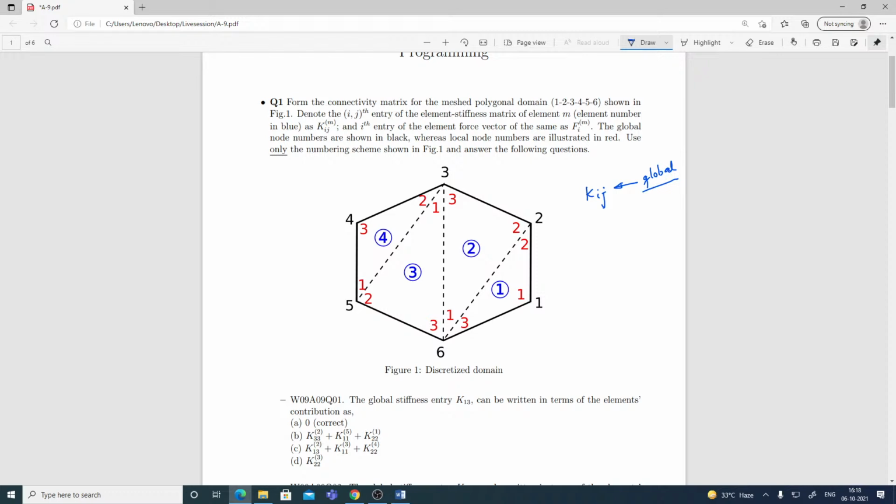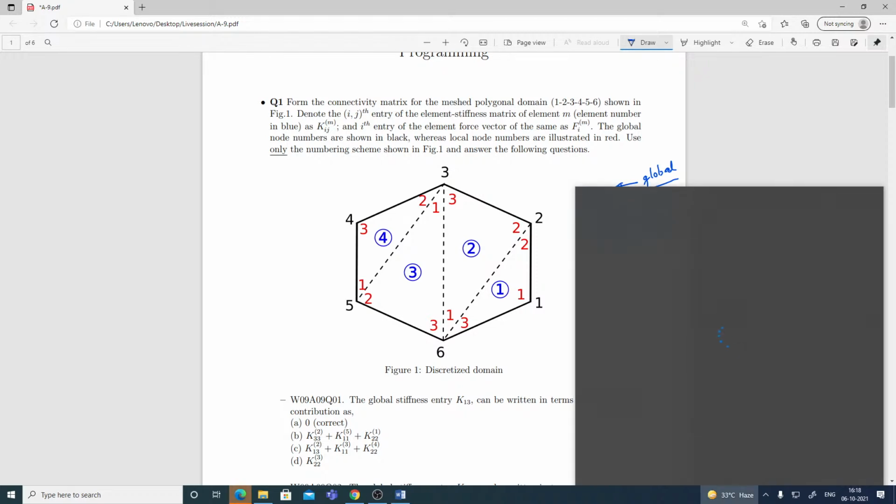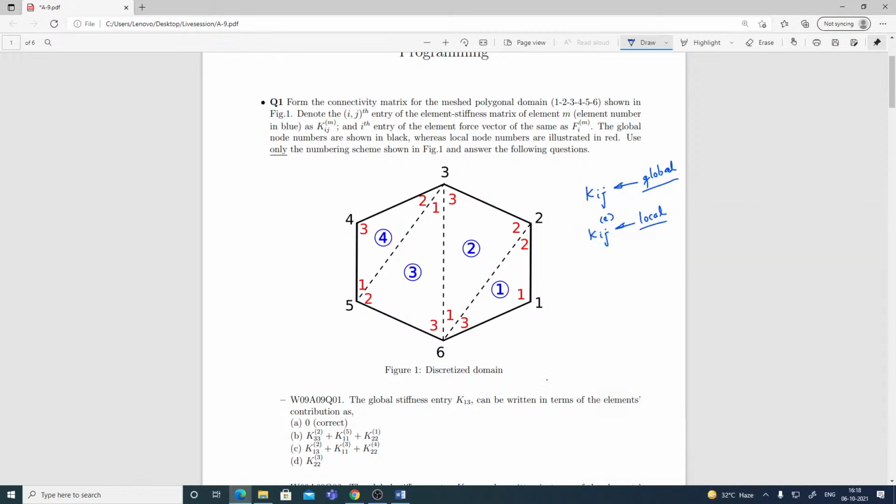When it is for a given element, it will be referred to as Kij with a superscript, some number within parentheses, that denotes the element number. These are all discussed in the lecture, and I am just recapitulating that. So basically we need to understand the assembly process.